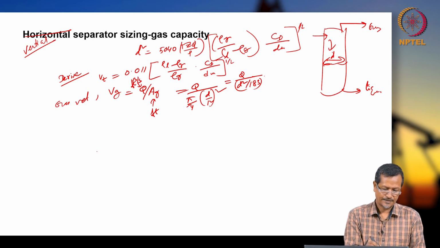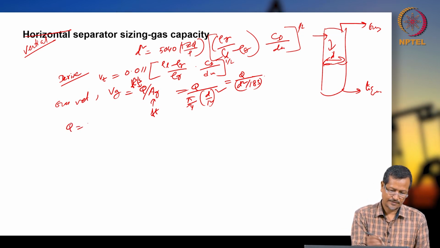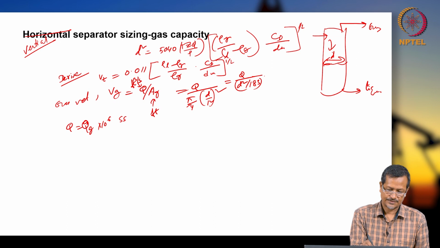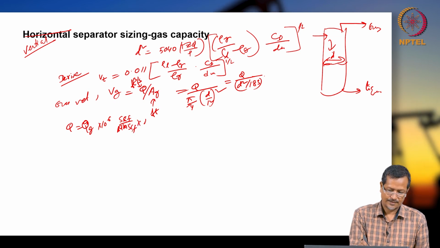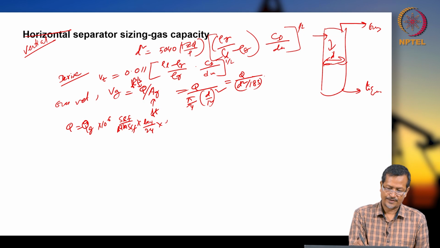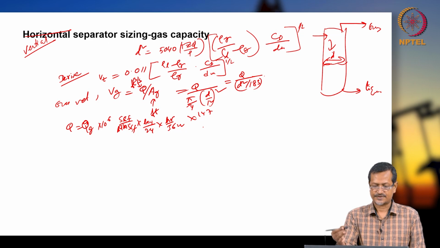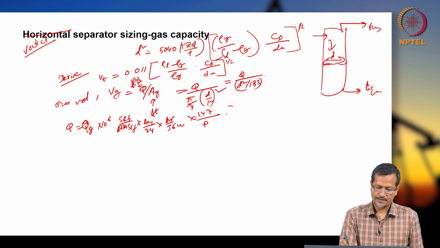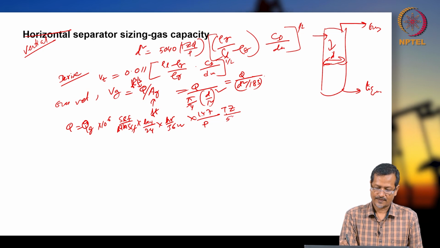Now the Q formula for gas: Qg into 10 power 6 SCF as MMSCF, into 1 over day, 24 into hour, 3600, into 14.7, because you are converting from standard condition to operating condition, that's why this 14.7 is coming, divided by P, times T Z over 520.